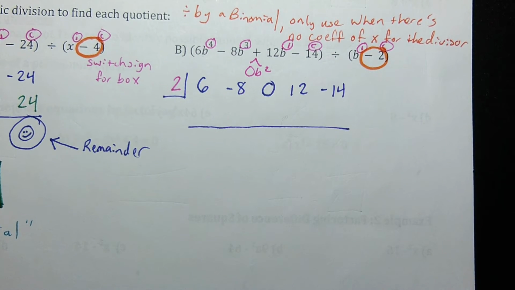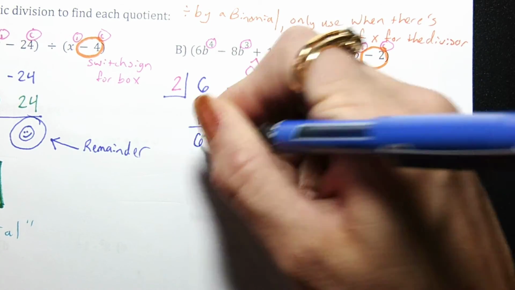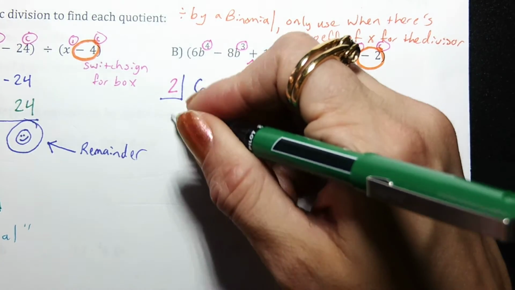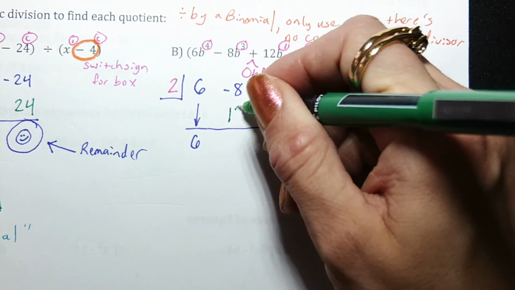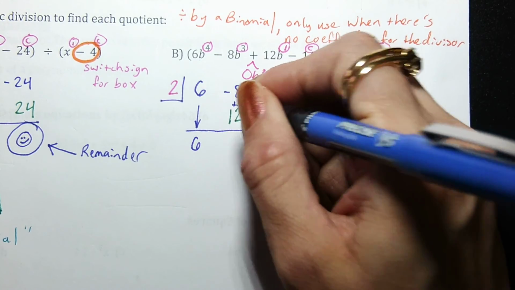Leave space for our next row of numbers. And then we start by bringing down the 6 below the line. Then our process is times the box. 6 times 2 is 12. And then we add straight down. Negative 8 plus 12 is 4.